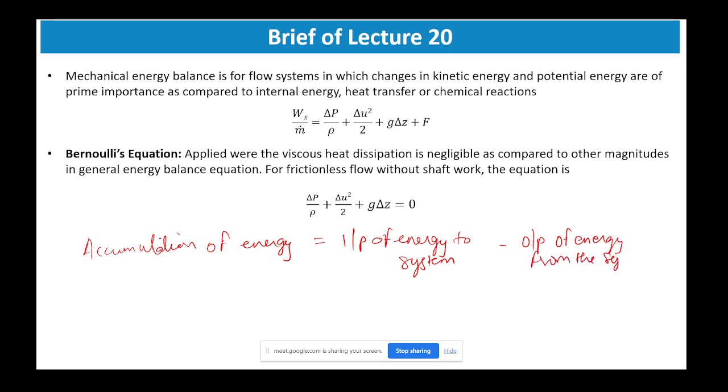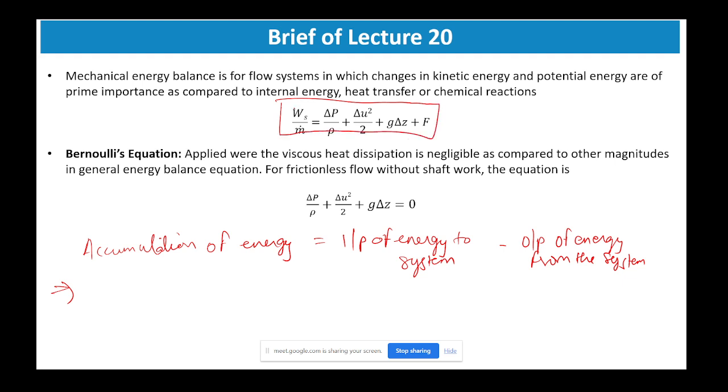So here there is one condition that there is no generation or consumption of energy in the system. And if you simplify that energy balance, then what will come out is this equation.